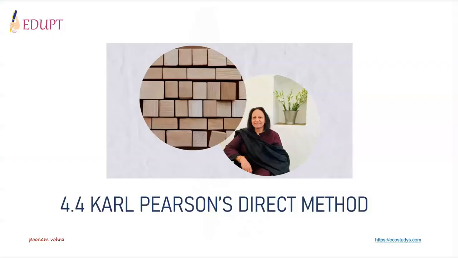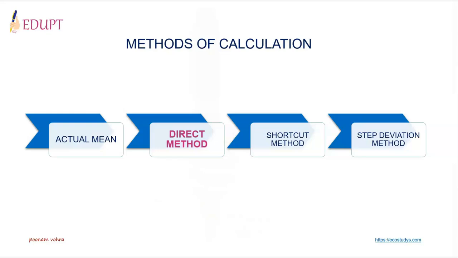In the last video, you understood the actual mean method of finding the coefficient of correlation as given by Karl Pearson. Now we shall understand the direct method. We have already discussed that there are four methods of calculating the coefficient of correlation as given by Karl Pearson.